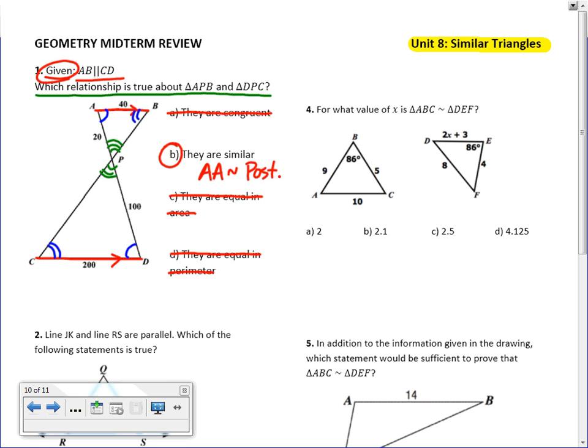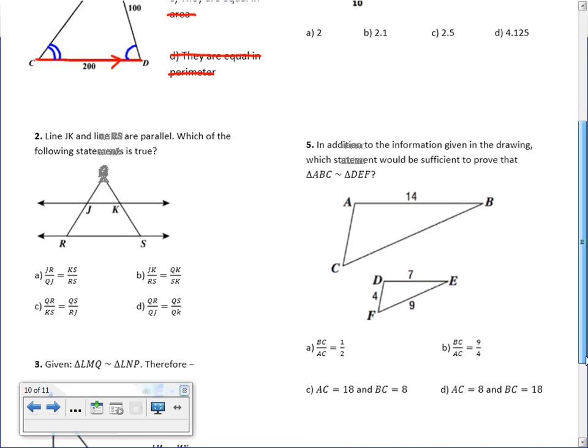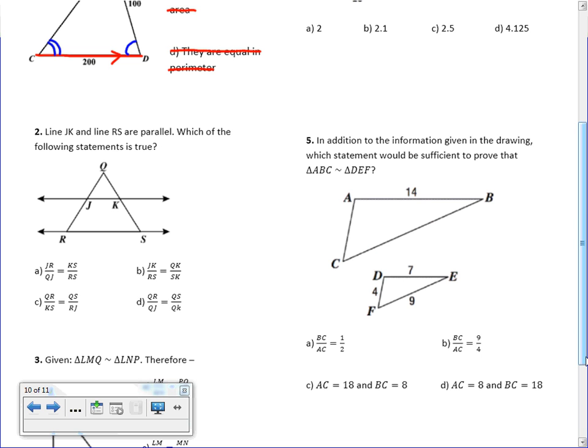So scrolling down to number two. Number two, lines JK and RS are parallel.